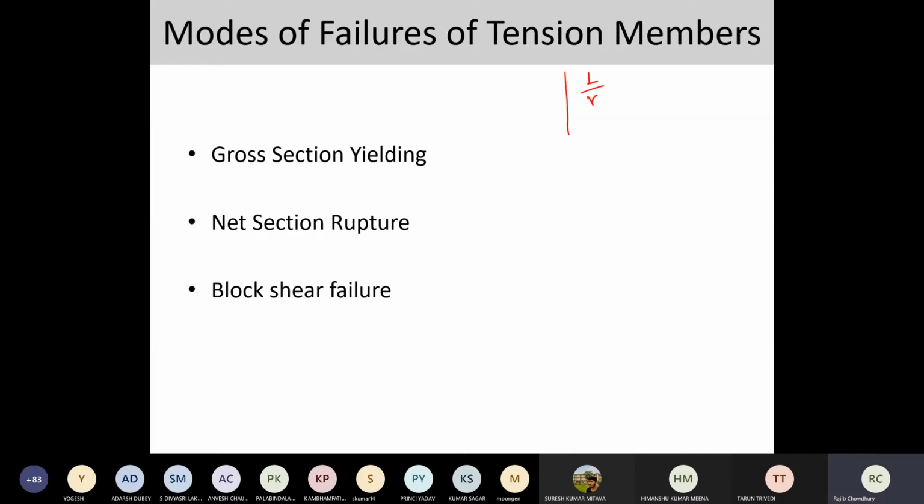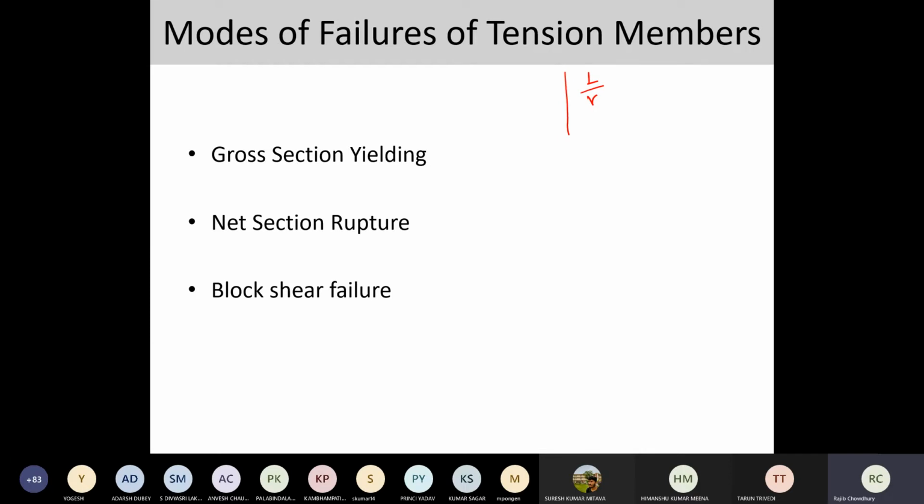What is the purpose of this slenderness ratio? I think some of you know it, but you might forget that one. I would define it this way: although stiffness is not required for the strength of a tension member, a minimum stiffness is stipulated by limiting the maximum slenderness ratio. So stiffness and slenderness ratio are interlinked with each other.